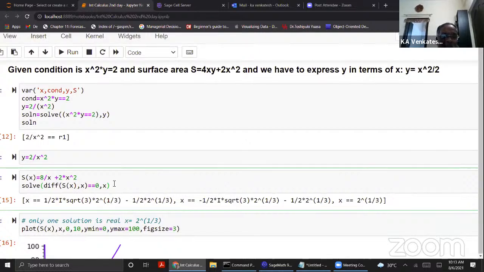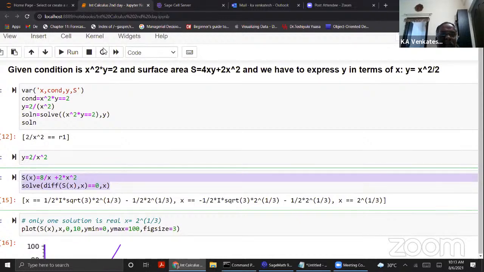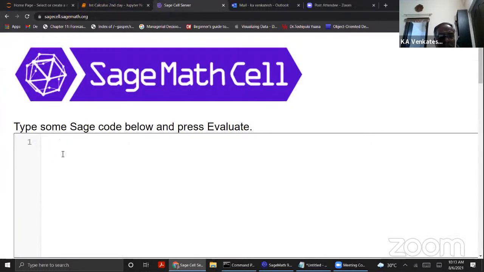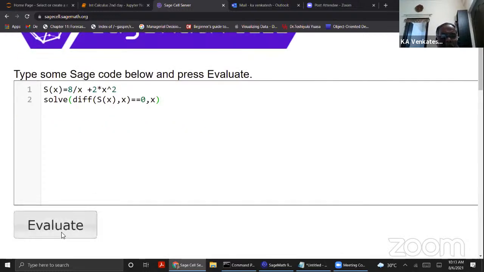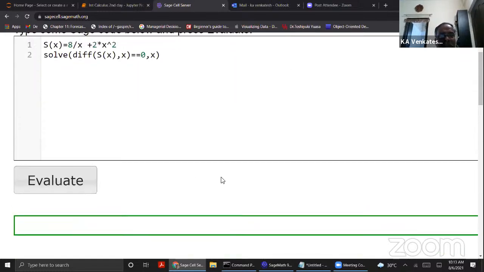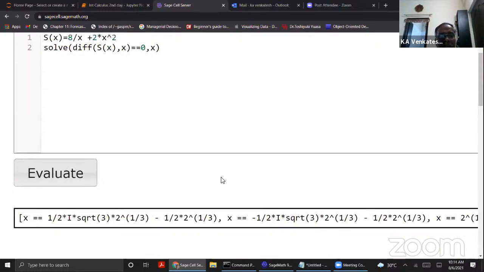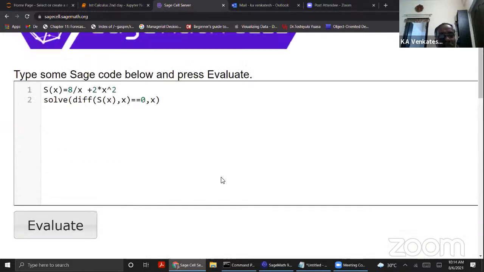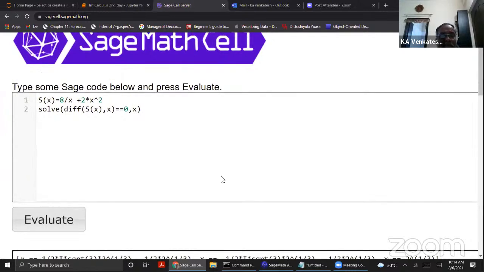I can take this to Sage Math Cell and put it there. On pressing this evaluate button, you will get the values.